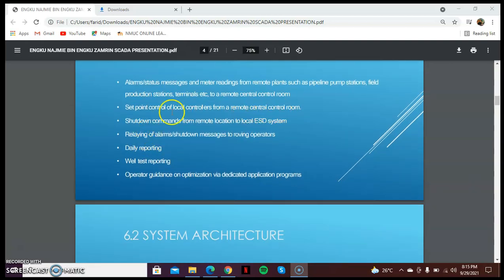Thirdly, shutdown command from a remote location to the local ESD system. And then relaying of alarm and shutdown messaging to roving operator. Then daily reporting, well test reporting, operator guidance on optimizing via dedicated application program.